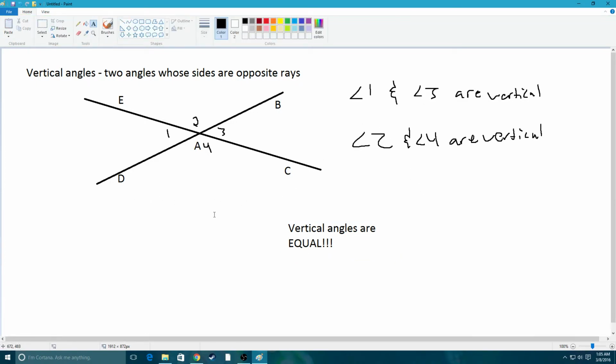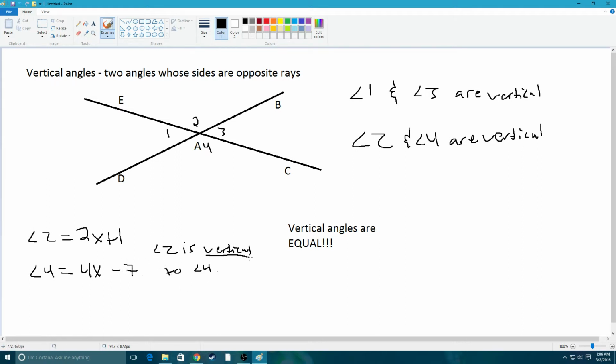Okay, it's really important in an equation because you might have something like angle 2 equals 2x plus 1 and angle 4 equals 4x minus 7, and they'll say solve. Oh, they'll also say angle 2 is vertical to angle 4.